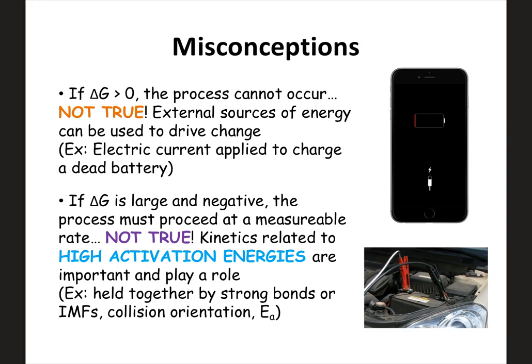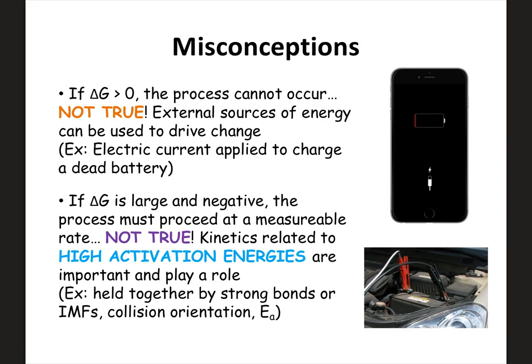You can have a very thermodynamically favored reaction, but what if you have a very high activation energy? All right, that's going to be important here. If your activation energy is very high, you need to reach that minimum energy before this reaction can take place. So when it happens, you will have a very preferred reaction, very thermodynamically favored. But if that activation energy is too high, a very large negative delta G isn't going to matter here.